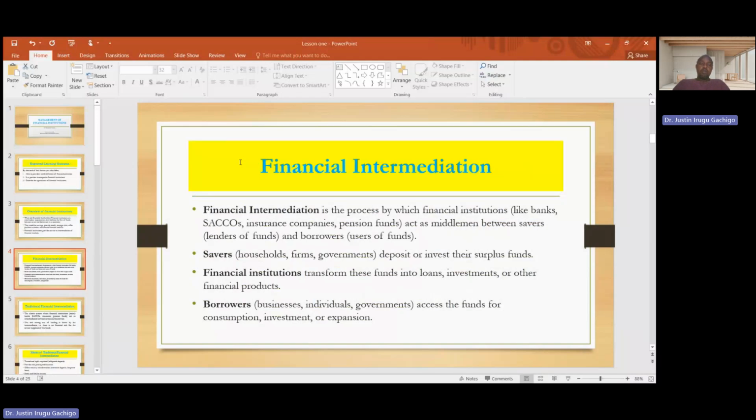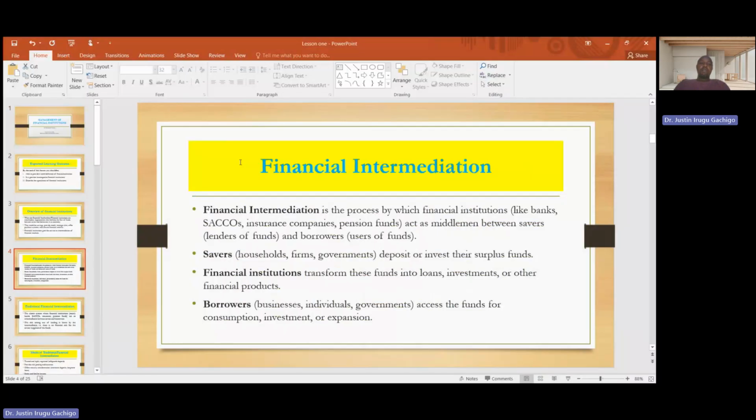Remember, when you deposit money in a bank or in any financial institution, that financial institution owes you. So in your case, you have an asset, but the institution that you have given money to has a liability. Then savers, these are the households, firms, and government who deposit or invest their surplus funds.